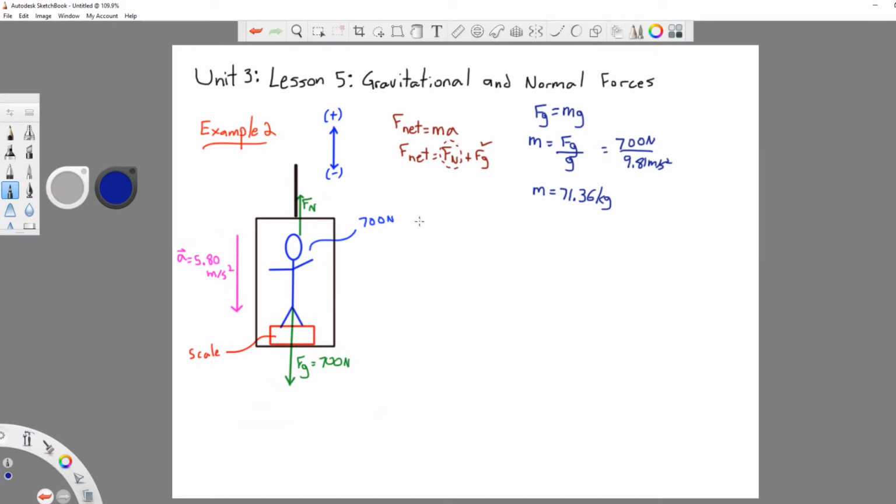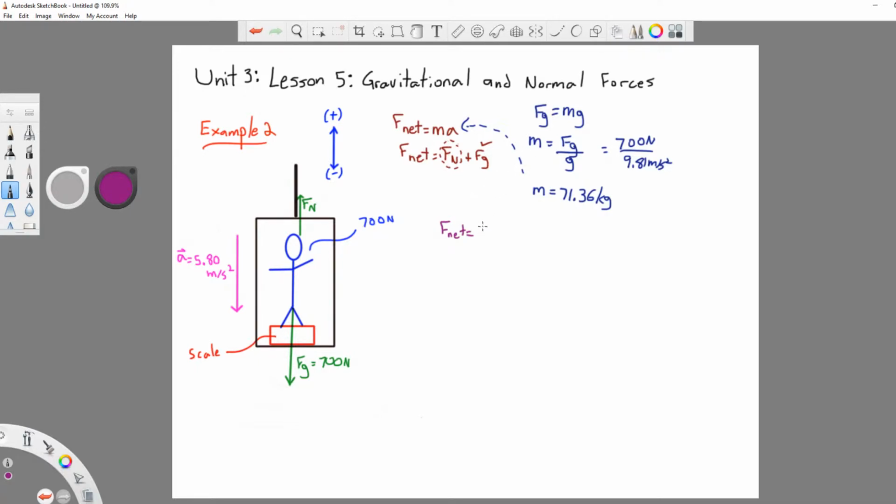Awesome. Now we have mass. We can find force net on this person. We know how quickly the acceleration is going on here, right? The acceleration is downward. We know the mass of this person, so we can figure out their net force. So let's do that. Switching to magenta for this. F net is equal to the mass times acceleration.